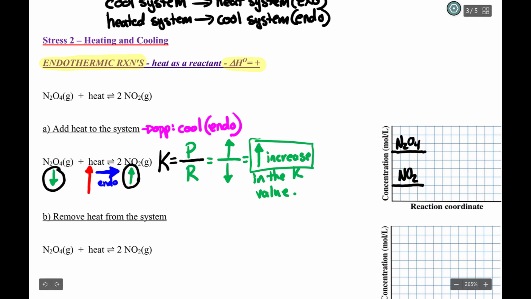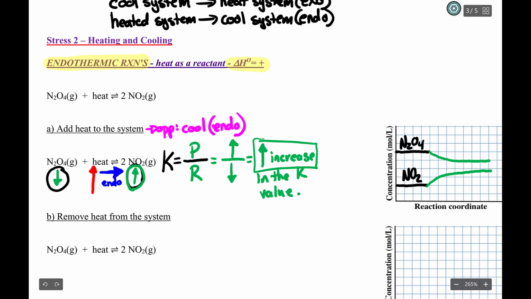So for instance, the concentration of N2O4 will gradually come down, and the concentration of NO2 will gradually come up, and then it will level out once they've reached and maintained that temperature, and that's what it's going to look like. This does permanently change the K as long as that system is maintained at that temperature.